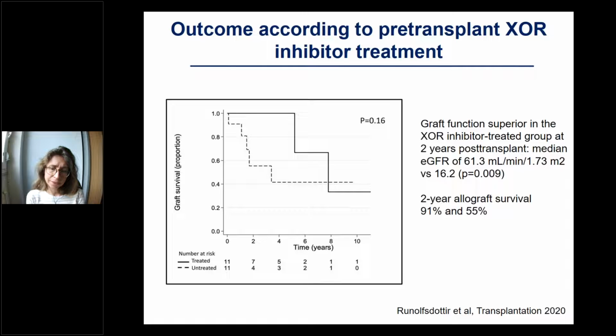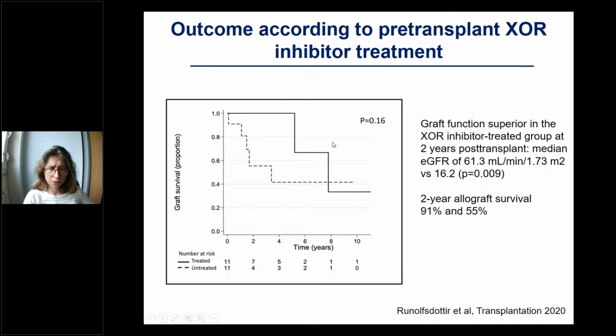But in this recent publication, you can see that if the patient had a diagnosis before transplantation and was very well treated before transplantation, then the graft survival will be better.